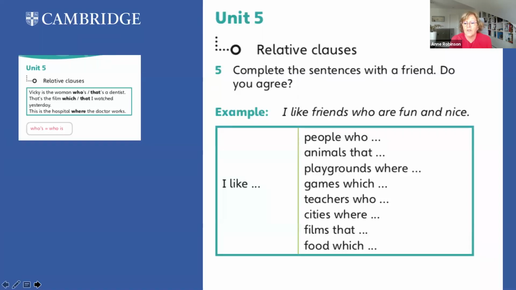Conditionals, okay, that would be a bit high level for A1 Movers perhaps, but certainly at higher levels. So, "If I have free time tomorrow, I will..." Yeah, we could be doing that.